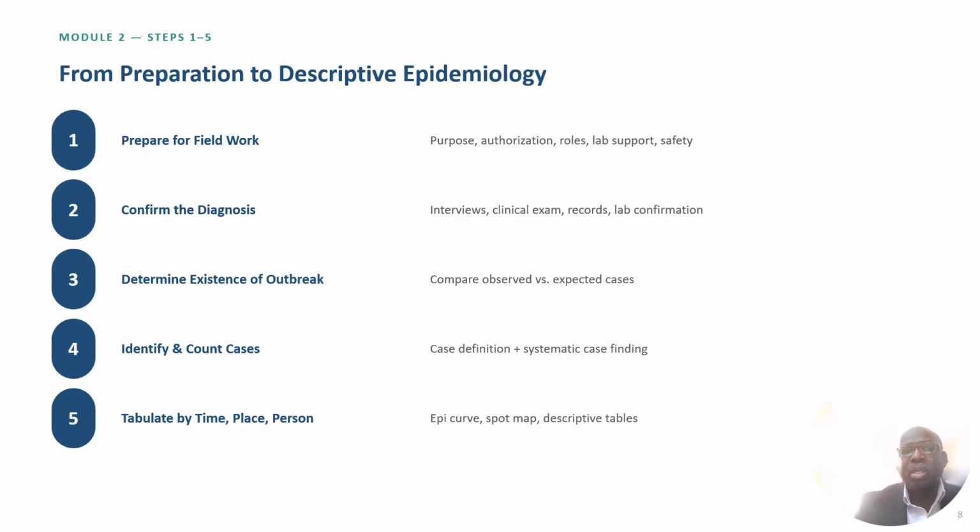This is how to make sure we are in a true outbreak. Here we do a study comparing existing cases with the expected ones in time, place, and person, to make sure they are irregular or unexpected cases. Then identify and count the cases: go to the field and bring out the number of cases.